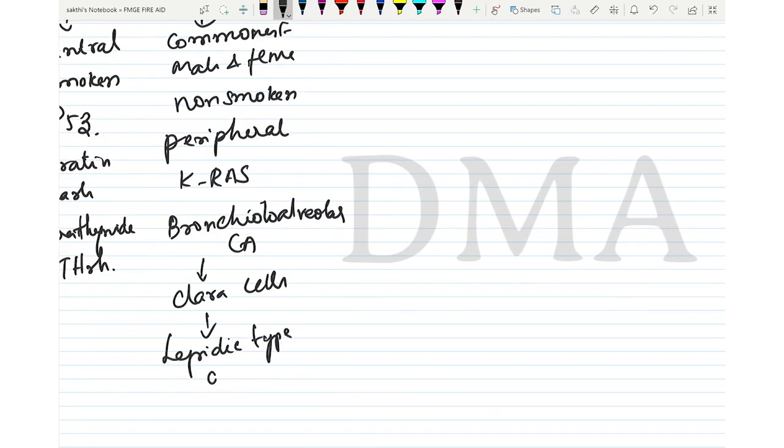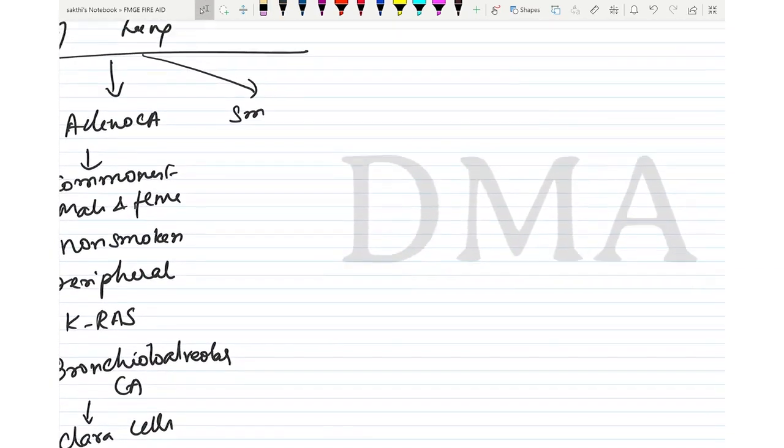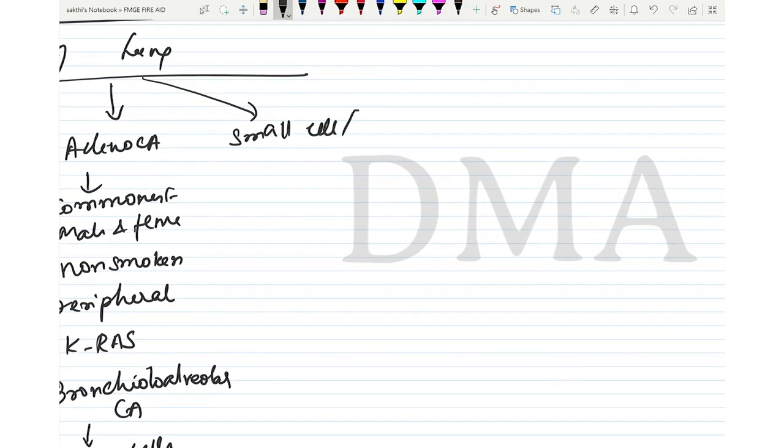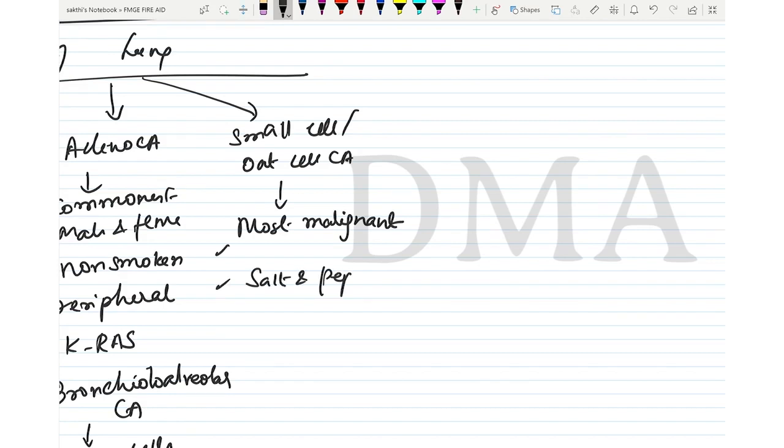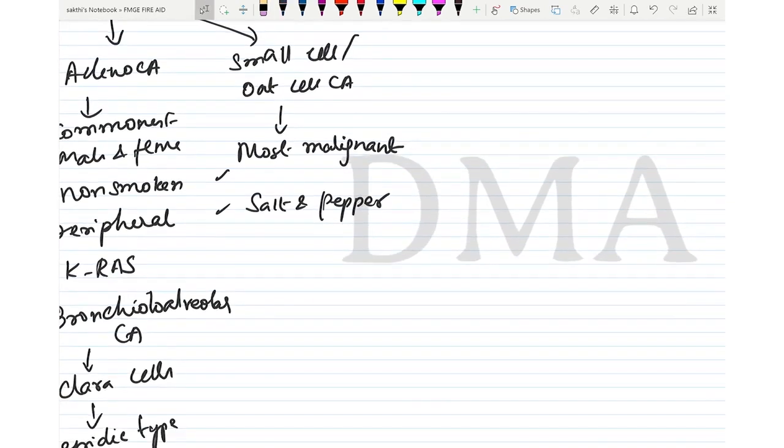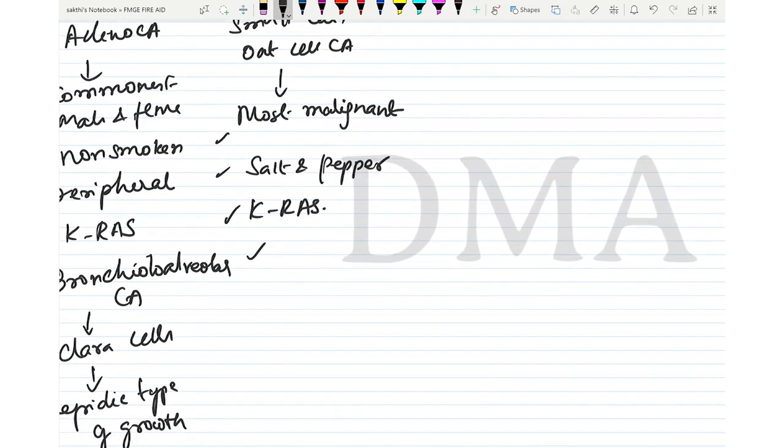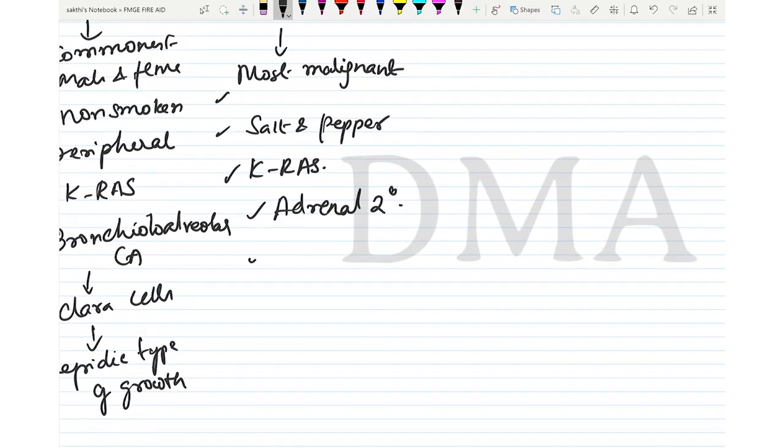The tumor cells show azzopardi effect, and the most common paraneoplastic syndrome that is seen in these patients is Cushing's syndrome. And the last one is large cell carcinoma of the lung. So small cell or oat cell carcinoma produces the most abundant and prominent paraneoplastic syndromes.